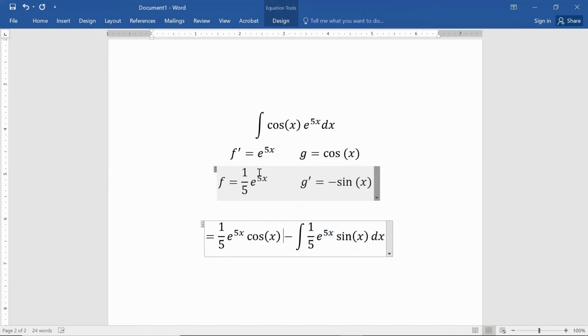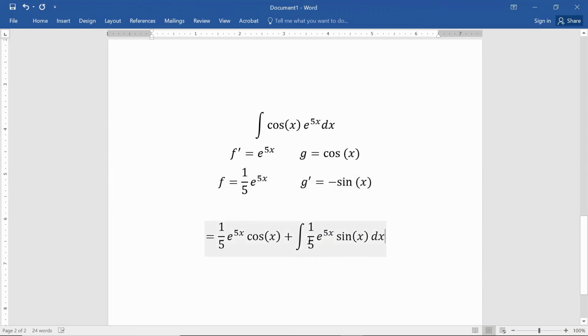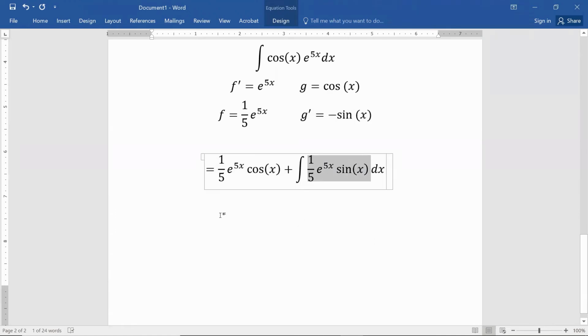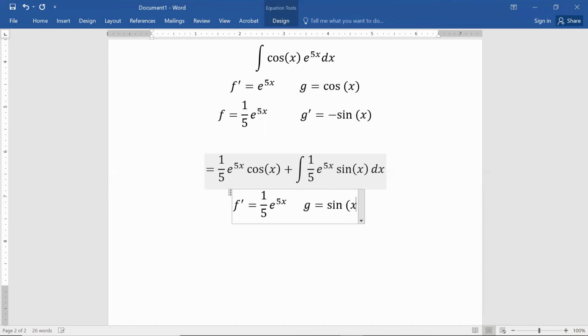That negative sign is going to make that minus a plus in front. Now I would do an iteration of this second integral. I do another f prime, and I'm going to utilize 1/5 e to the 5x as my f prime. My g, I'm going to utilize as sine of x.